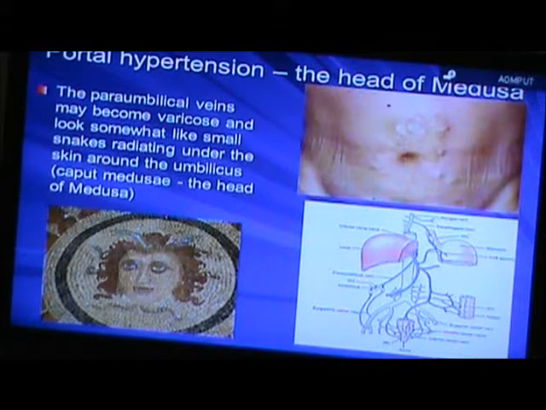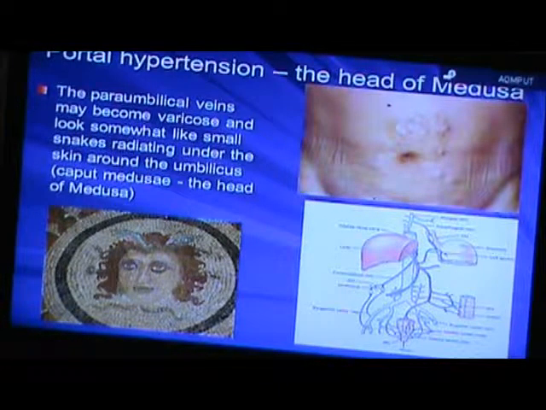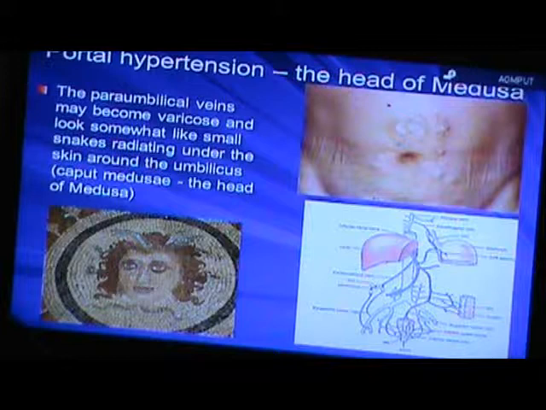Around her head, because she was a creature, were snakes. It's similar in portal hypertension, where we have the head of Medusa, the caput Medusa. The paraumbilical veins are distended and form it.